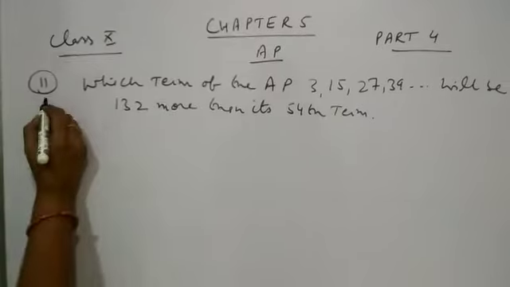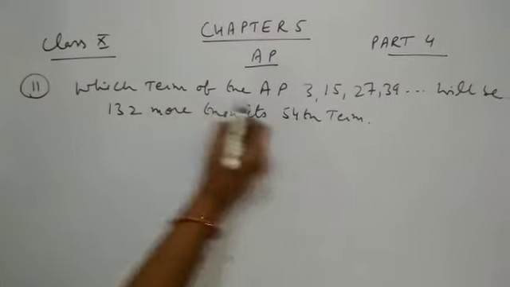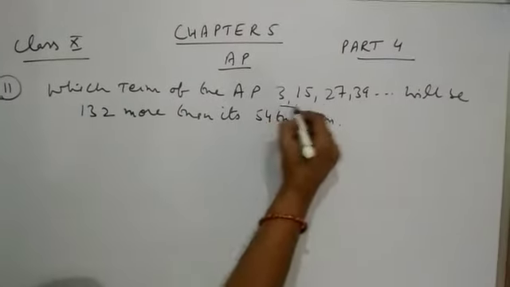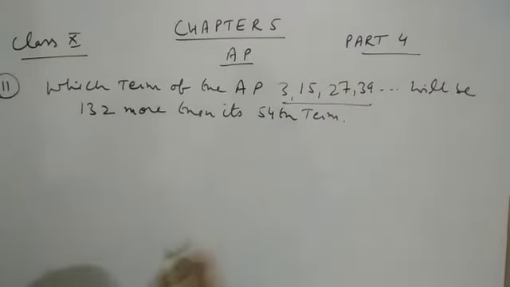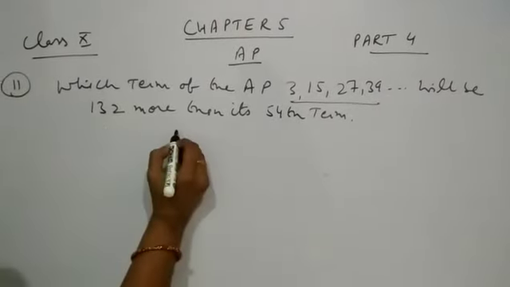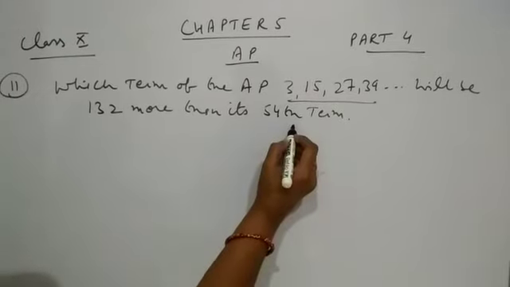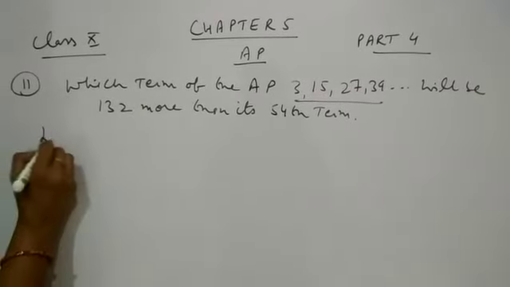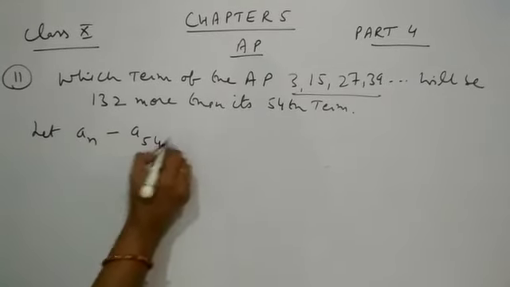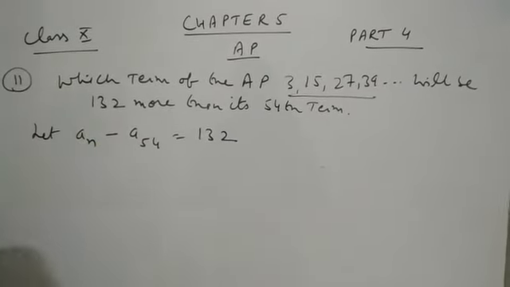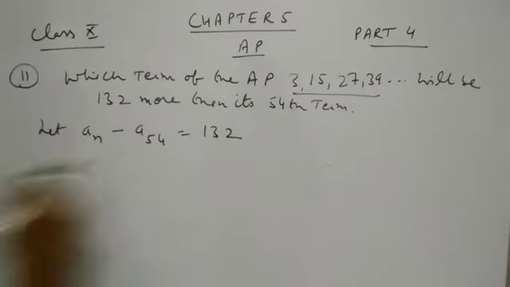So next, question number 11. Which term of the AP 3, 15, 27, 39 will be 132 more than its 54th term? So let the nth term of the AP be 132 more than its 54th term.